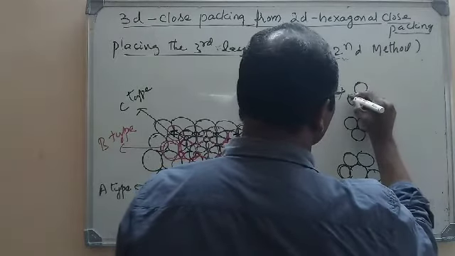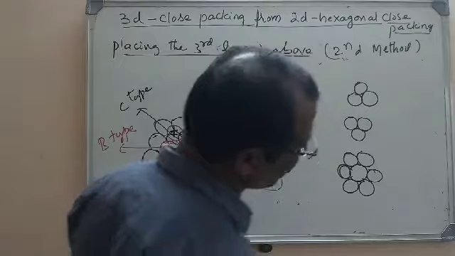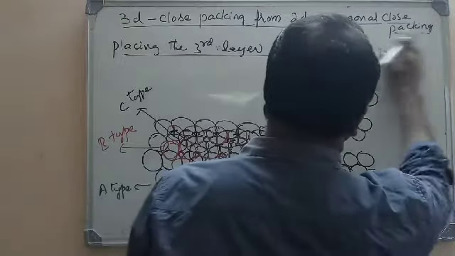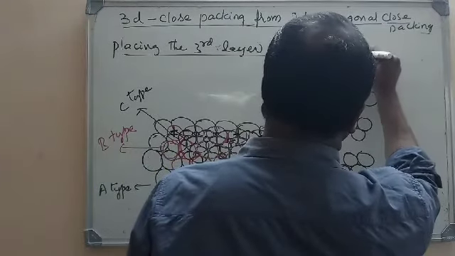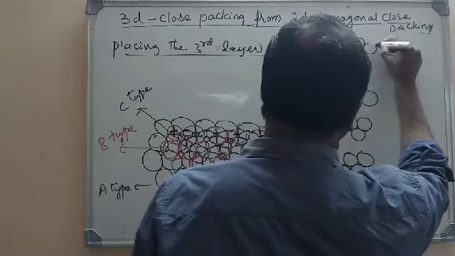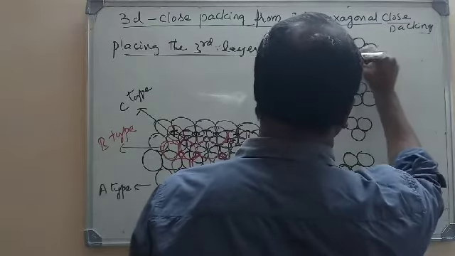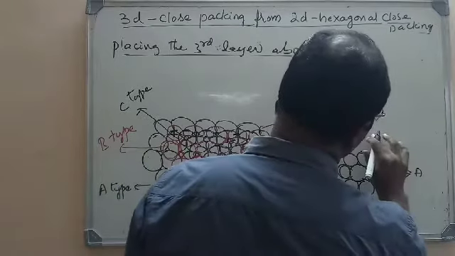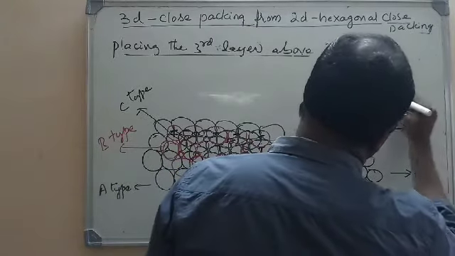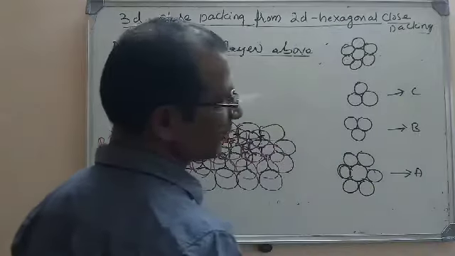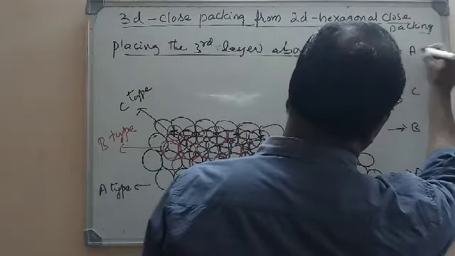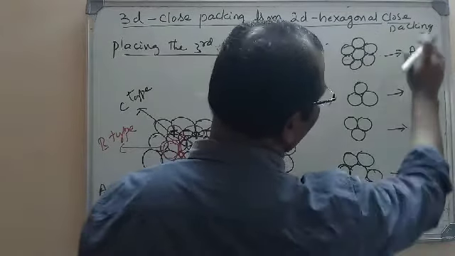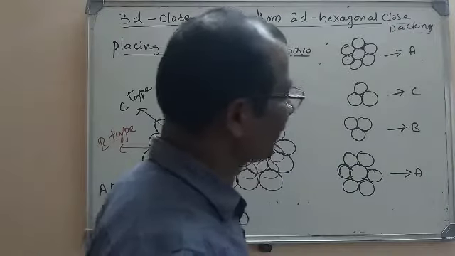And this is the alignment of the spheres from the third layer. And again this will be the alignment of the spheres in the fourth layer. For example, this is A type, then it is B type, and then it is C type, an entirely different arrangement. Again it is A type. So ABC will be the repeating pattern.